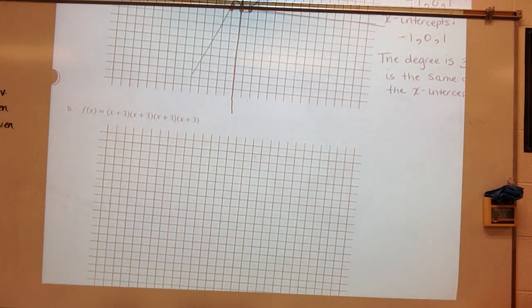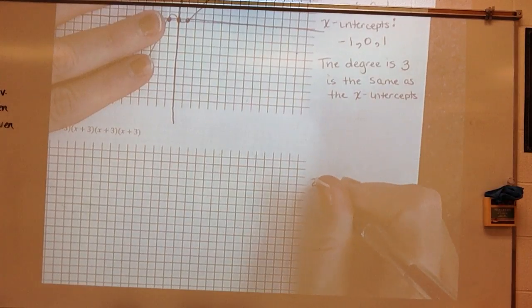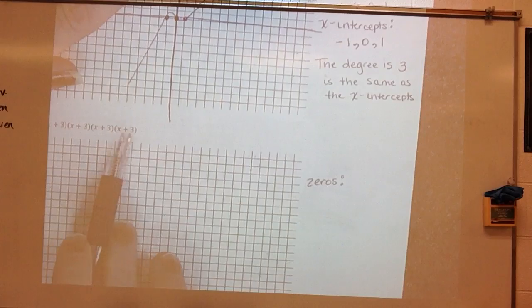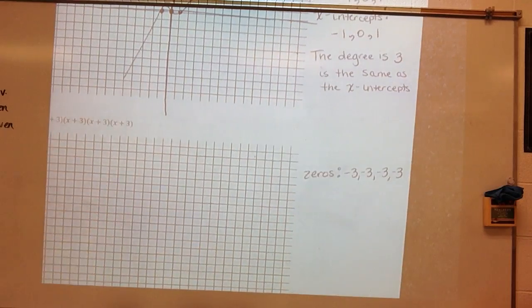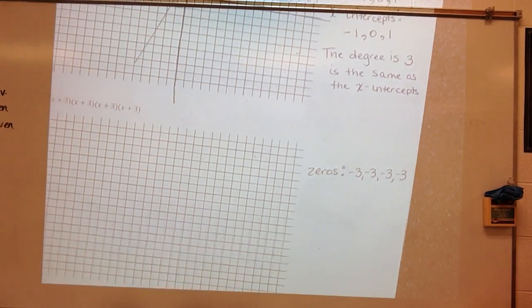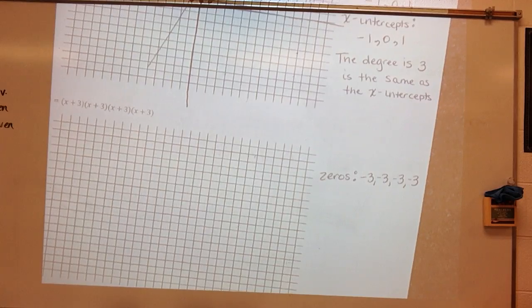All right, so let's look at our zeros. If I set all of these equal to 0, I get negative 3, negative 3, negative 3, negative 3. All right?